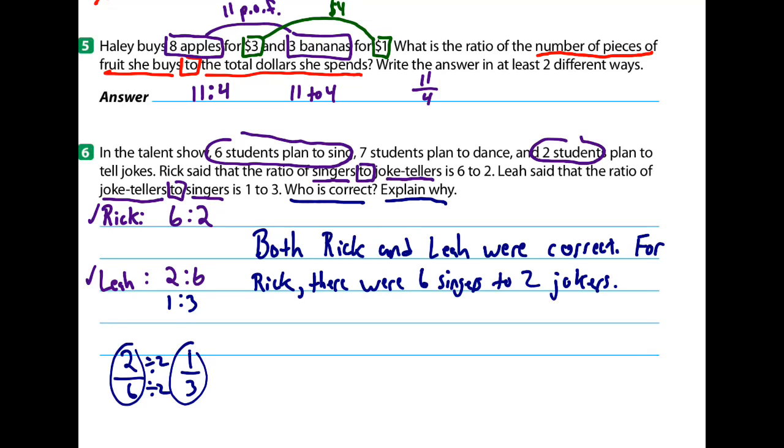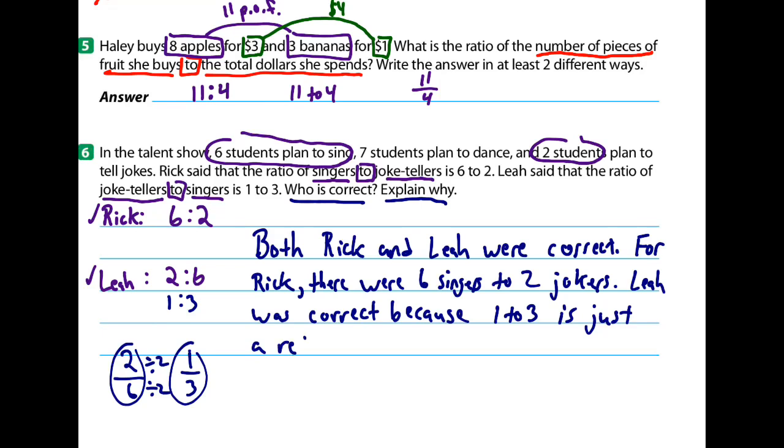So Leah was correct because 1 to 3 is just a reduced ratio and is the same as 2 to 6.